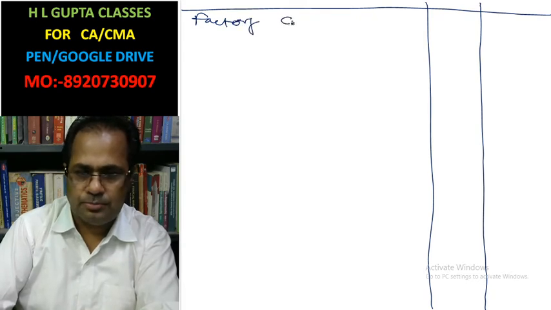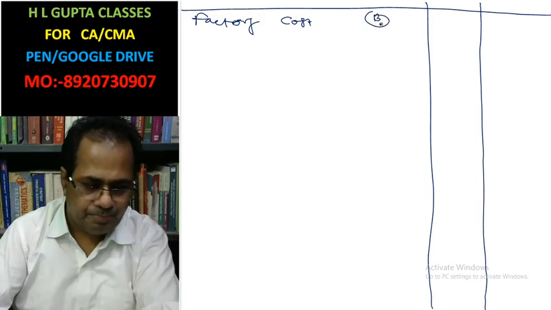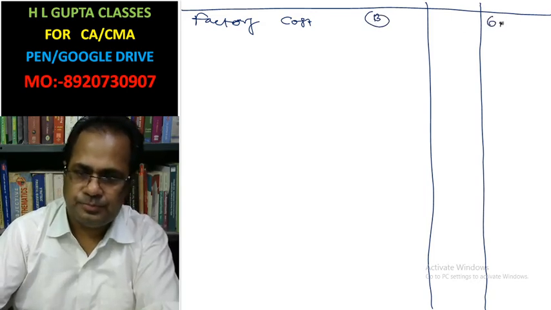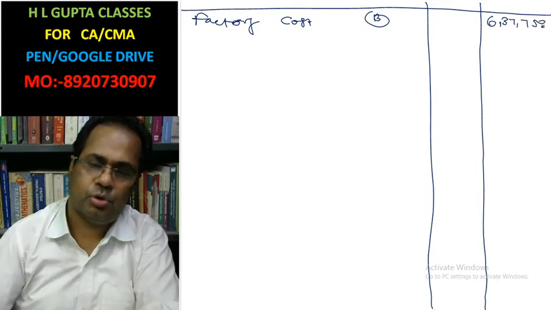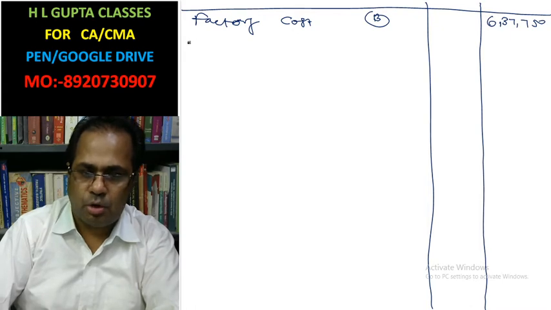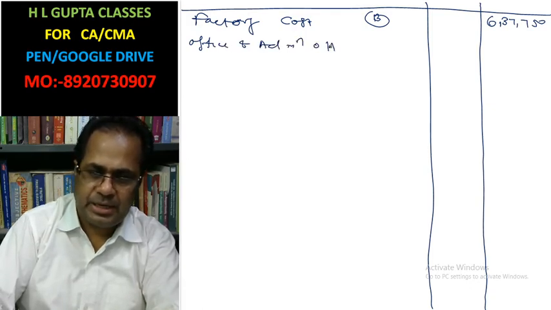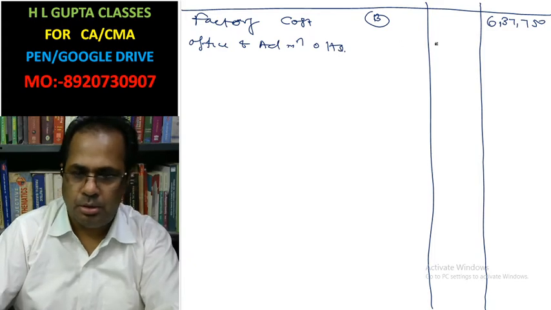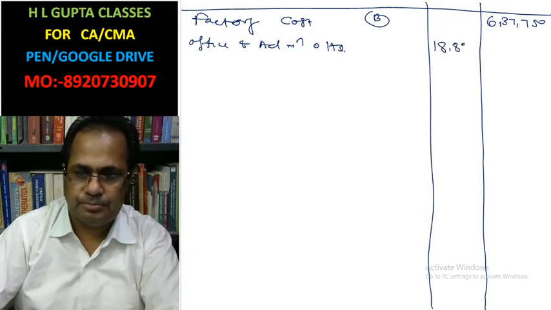Factory cost, that is part B, 6,37,750. Now this is office and administrative overhead, 18,870.